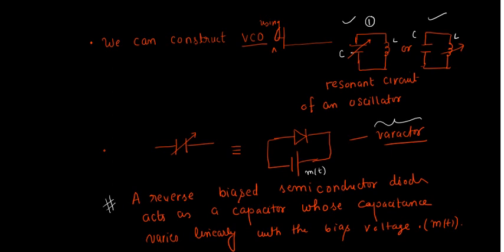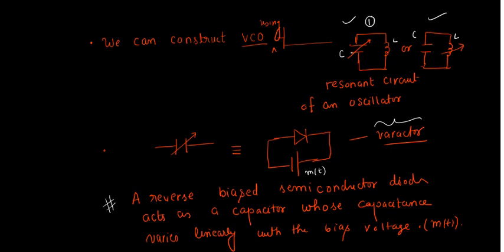This type of device can be constructed by using the resonant circuit of an oscillator. That is, we use L and C, the inductor and the capacitance in parallel, and either we change the value of the capacitor as per the input signal m(t), or we change the value of the inductor as per the input current to some other inductor.